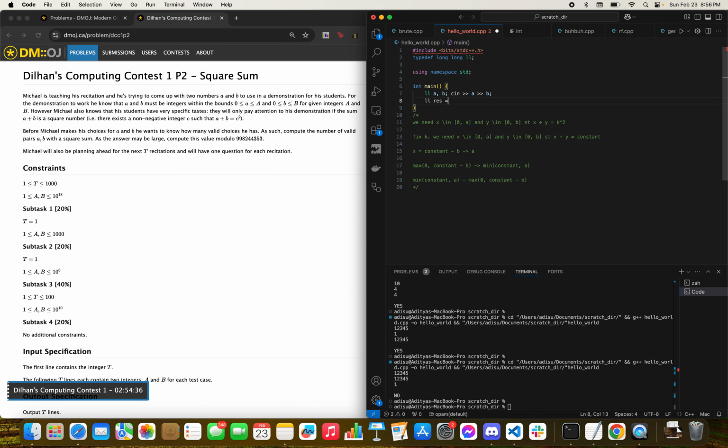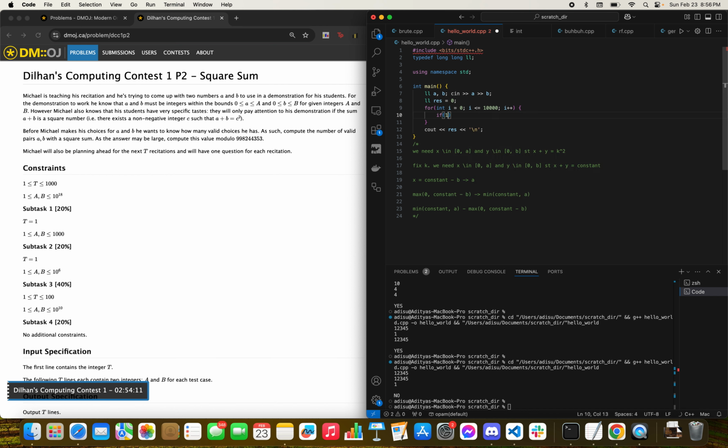So let's code a simple version just so I know that we're not messing up this little thing right here. And of course, it's impossible if k squared is greater than a plus b.